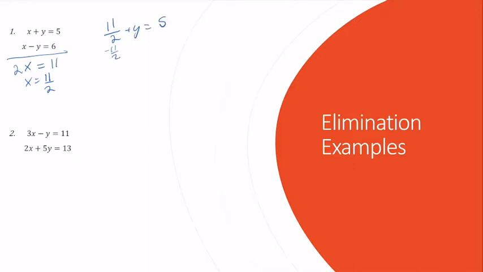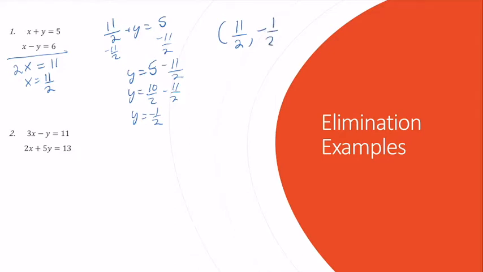I'm going to subtract 11 halves from both sides. y equals 5 minus 11 halves. 5 is 10 halves. So y equals negative 1 half. So the solution to this system of equations is the ordered pair when x is 11 halves, y is negative 1 half.